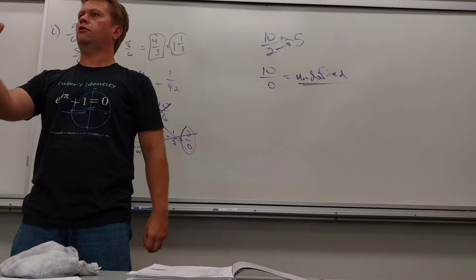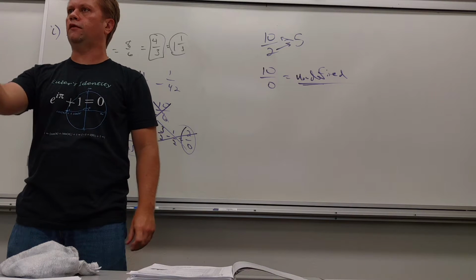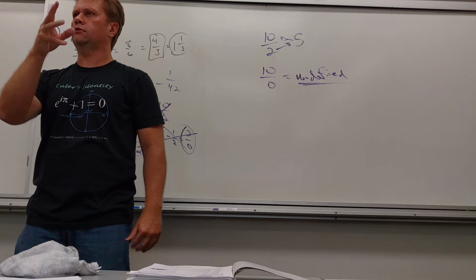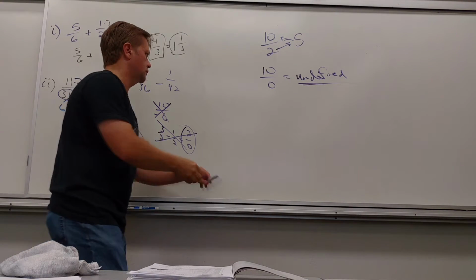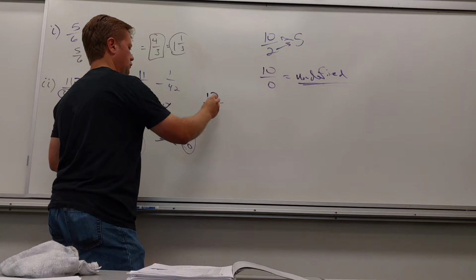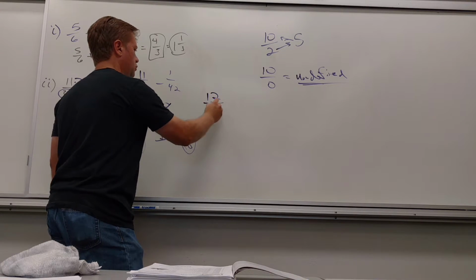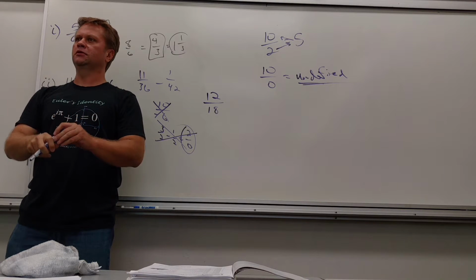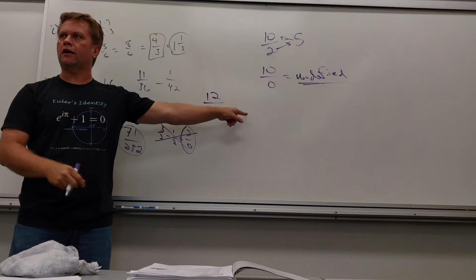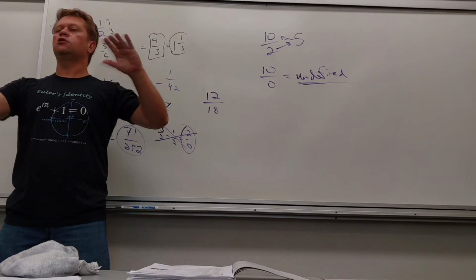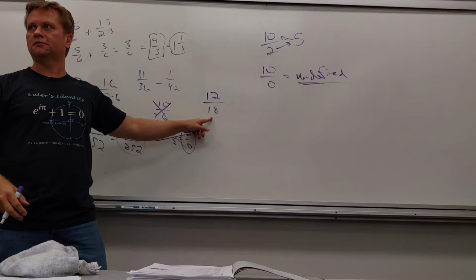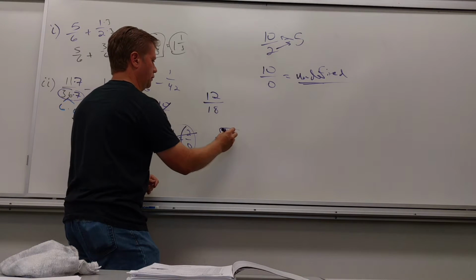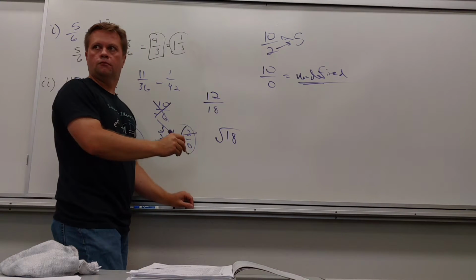Oh, there will be some problems where I say use your calculator to find these square roots. But that's simplification. If I said reduce this, you wouldn't say the answer is point something. Reduce means simplify it, right? So if I said simplify this square root of 18, we can simplify it.